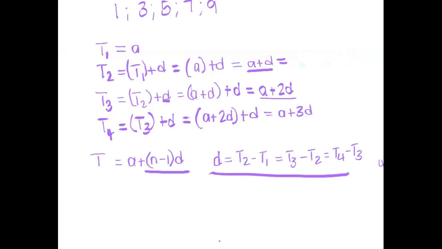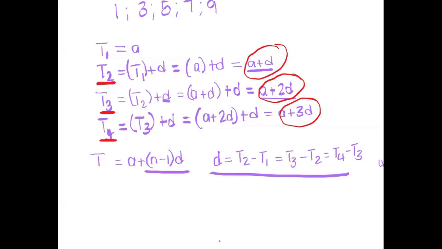If you look at the pattern of these last sequences, what's going on? Look at your term number. Your term number is 2, and here you've got D. Here your term number is 3, here you've got 2D.